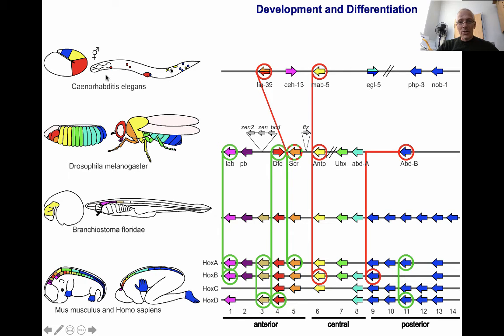And if you look up here in this simple roundworm, there are certain genes that start to switch on in different regions of the embryo as it develops. Those genes are arranged in the same sort of linear order on the chromosome of C. elegans.